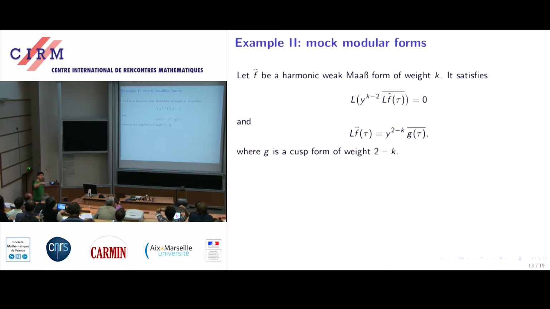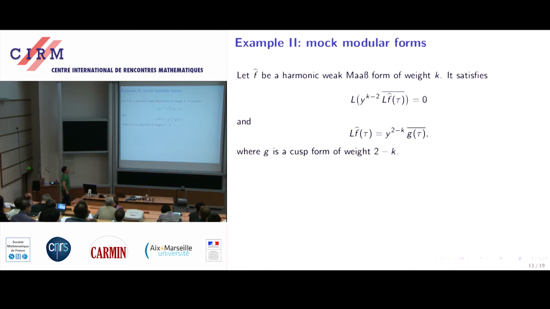And actually, since all modularity was preserved, it's modular of weight 2 minus k. This is the usual statement. Usually it's formulated in terms of psi. Psi is where you do the Maass lowering operator and then you do complex conjugation, and then you get a holomorphic modular form. So it's exactly that statement, except that I put the complex conjugation on the right instead of on the left.